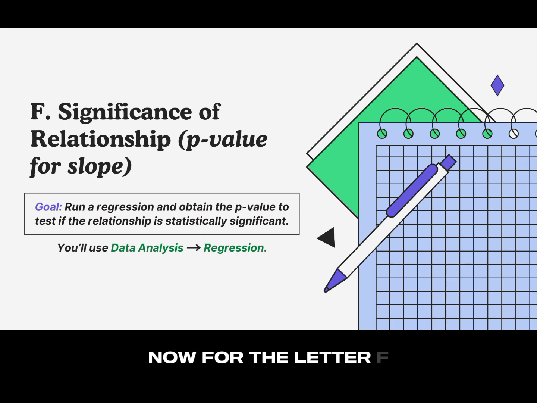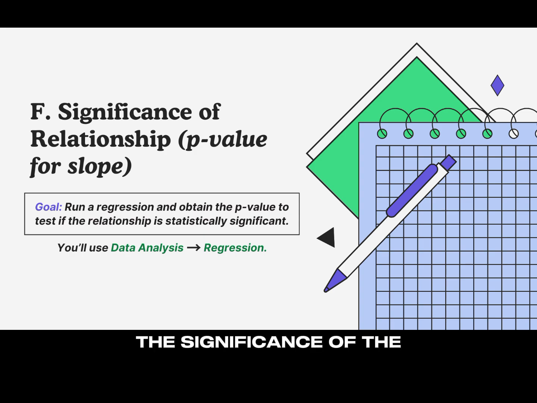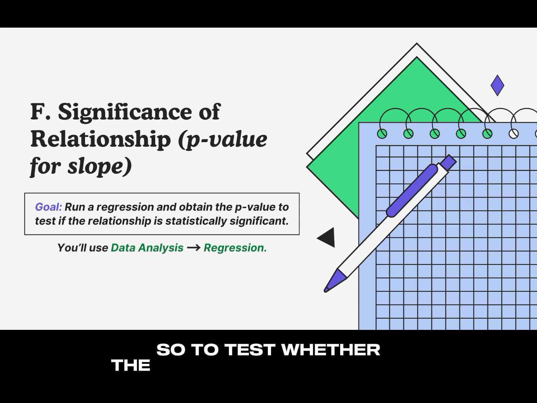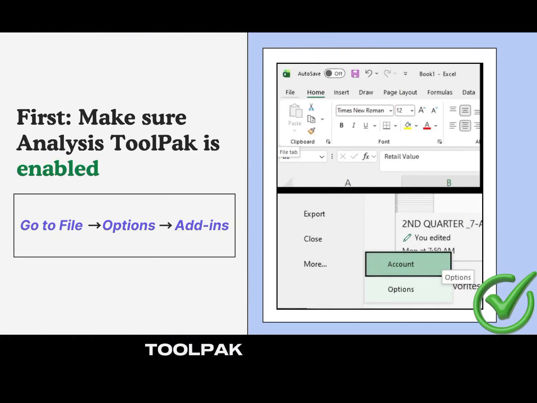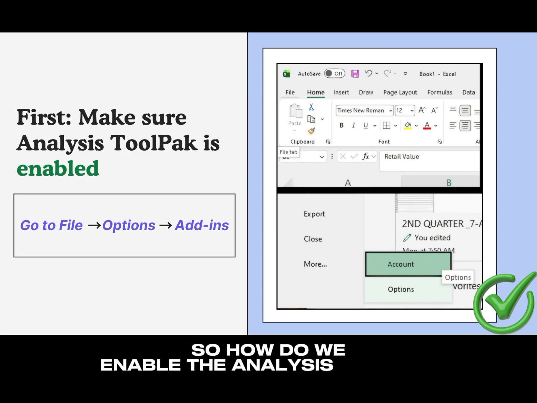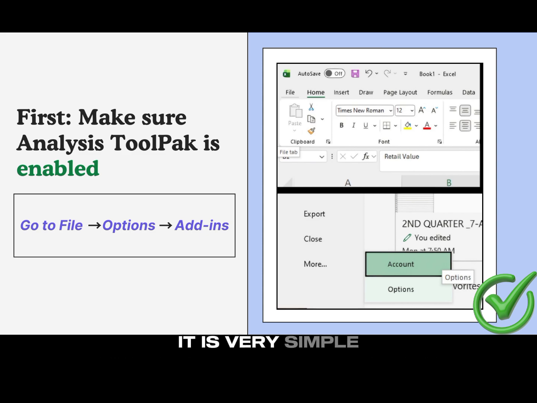Now for the letter F, the significance of the relationship, or the p-value. To test whether the relationship between X, or the odometer reading, and Y, or the retail value, is statistically significant, we first need to make sure that the Analysis ToolPak is enabled in our Excel. So how do we enable the Analysis ToolPak? It is very simple.